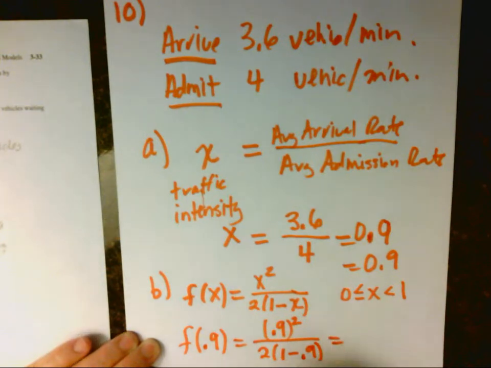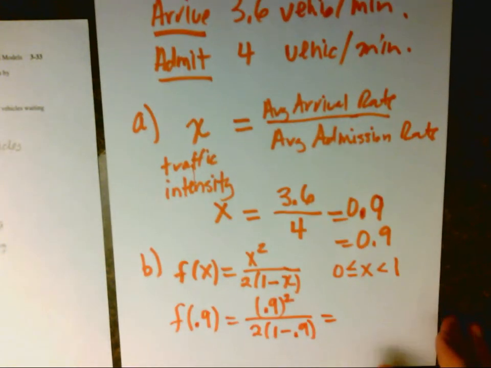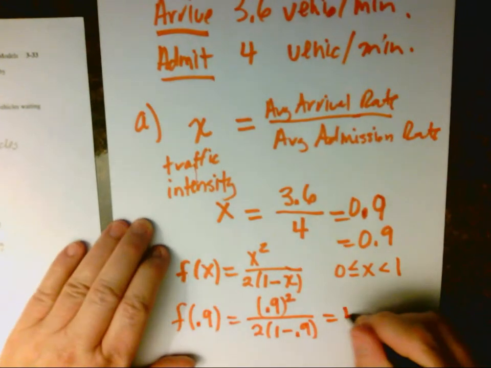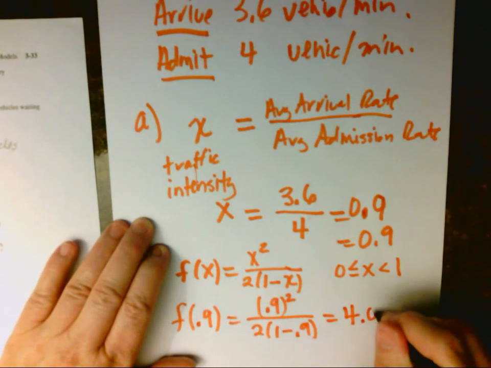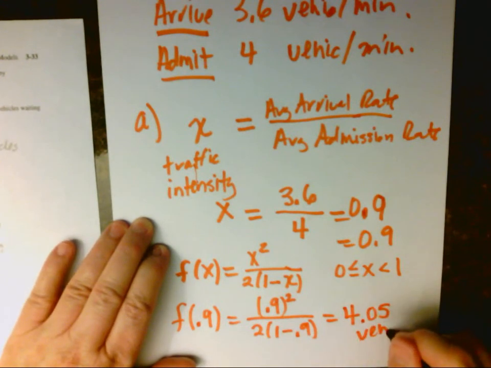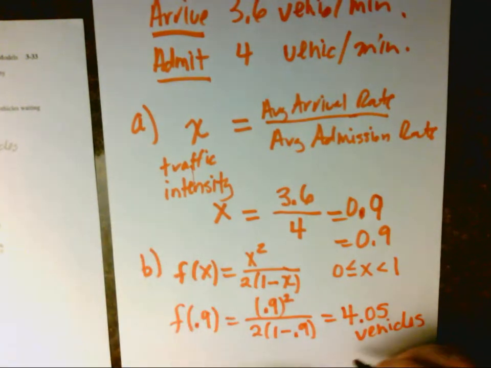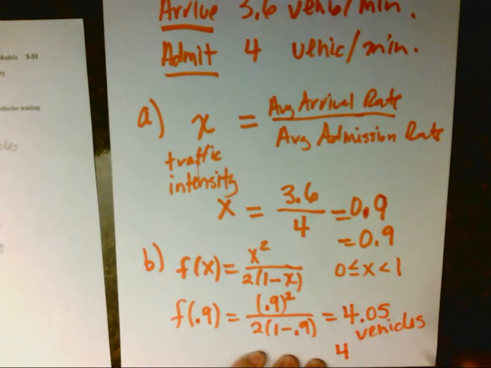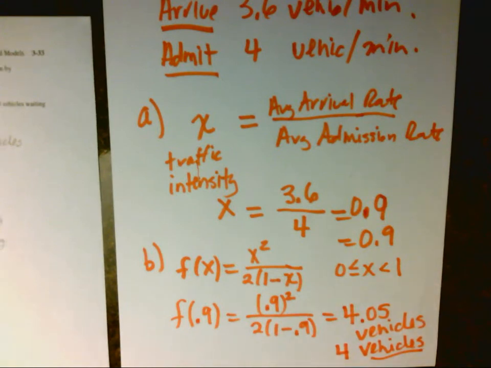So we put a 0.9 in, the traffic intensity, to see how many are waiting in line. And you'll come up with 4.05 vehicles, which I would expect that the book will round to the nearest number of vehicles, 4 vehicles. Because if you say how many vehicles are waiting, you won't usually get an answer of 4.05. It would be 4, okay?